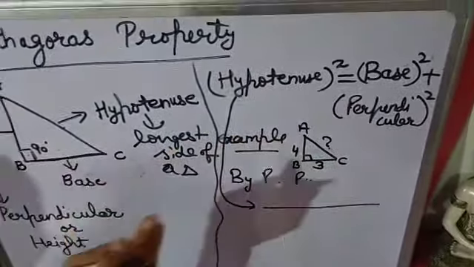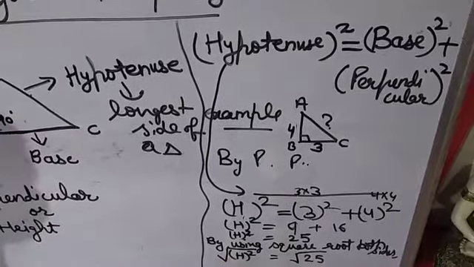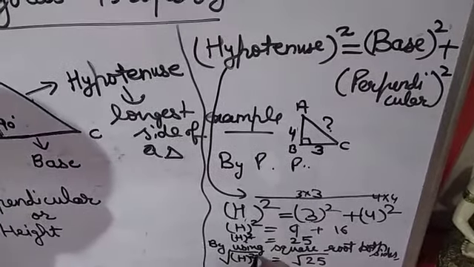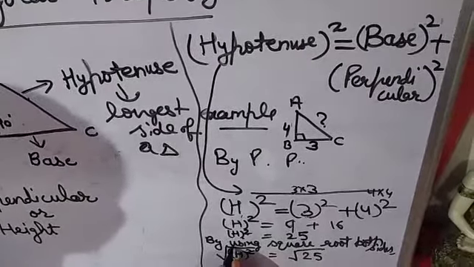When a square and a square root come together, they will be cut, because square and square root are inverses. So what is the square root of 25? 5. You know, 5 5s are 25. So here the hypotenuse is 5 centimeter.